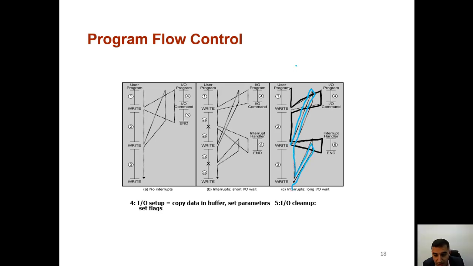Any scenario of these two will be much faster than the scenario with no interrupts, because interrupts can save us a lot of time and make things much easier to deal with. A program flow with interrupts will always be faster because there is no wasted time for the CPU.